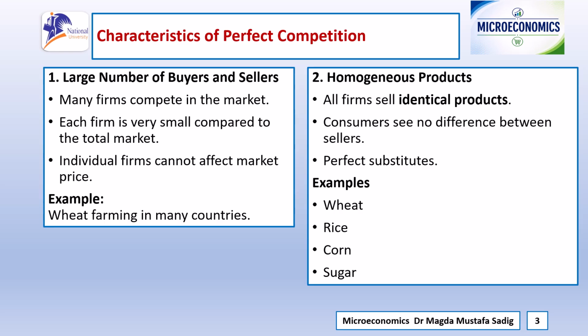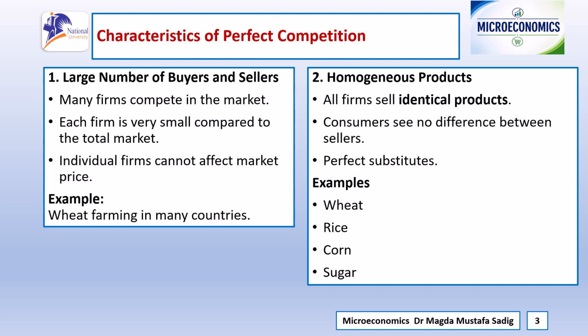Let us come to characteristic 2. Homogeneous products. Homogeneous means identical. Every firm sells exactly the same product. There is no difference in quality, appearance, or function. Consumers cannot distinguish between sellers.